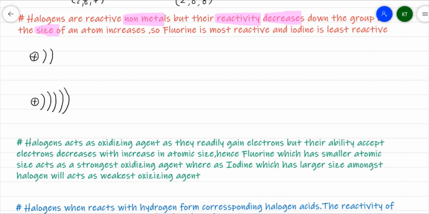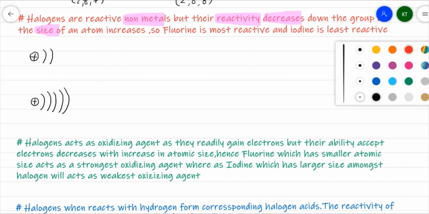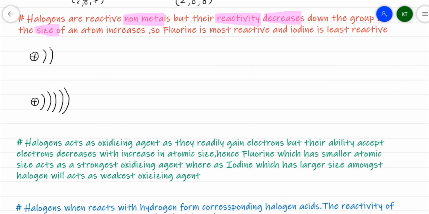Now each has 7 electrons in its outermost shell, so let me represent those with 7 dots. Here also 1, 2, 3, 4, 5, 6, and 7. Here also 1, 2, 3, 4, 5, 6, 7.